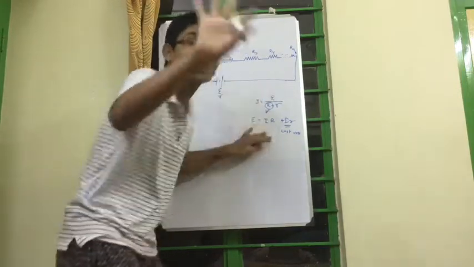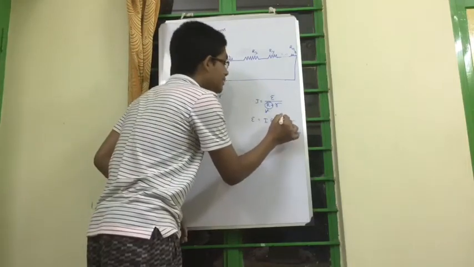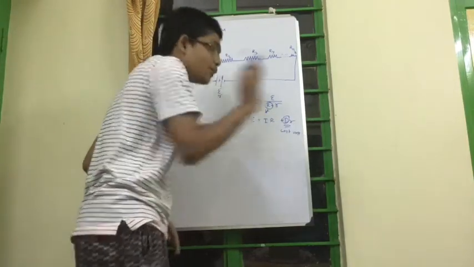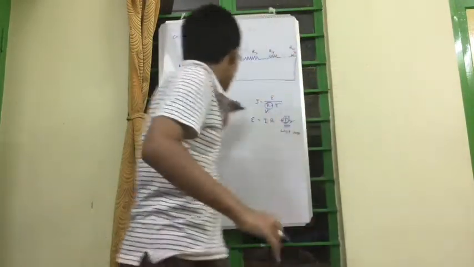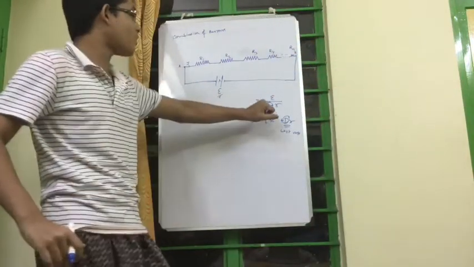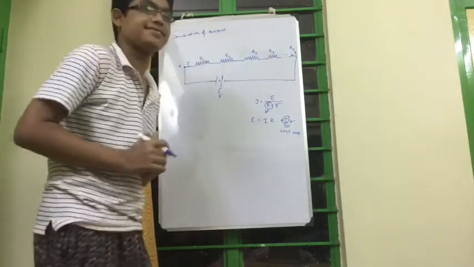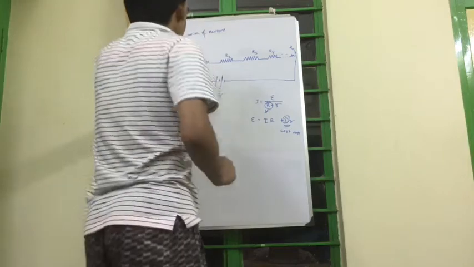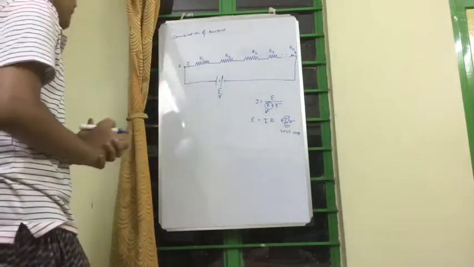This EMF is also constant for a given battery, but the amount of current will vary. The amount of current that the circuit will draw from the battery will depend on this capital R, the equivalent resistance of all these resistors. Each individual resistor has a resistance R1, R2, R3, etc.